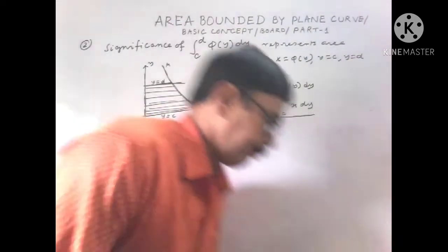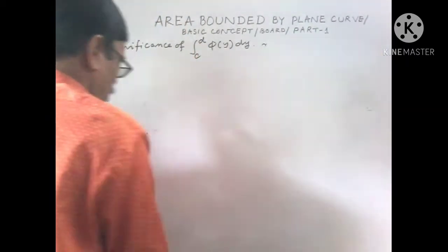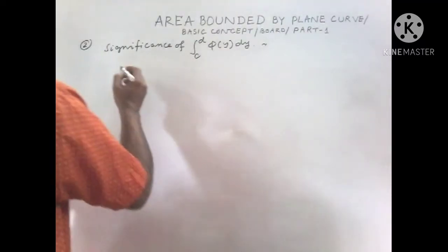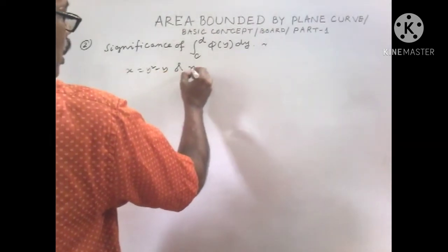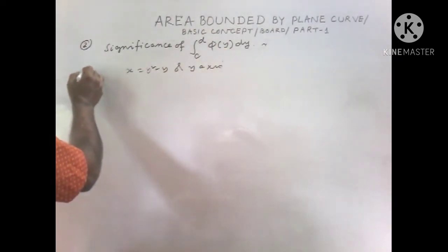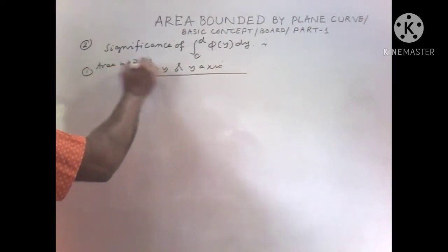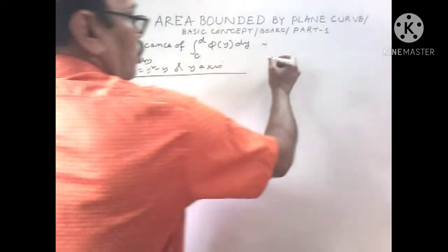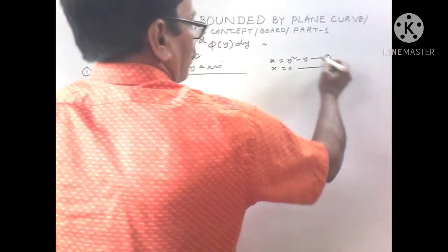Now, application. Find the area bounded by x equals y square minus y and the y-axis. So the curve is x equals y square minus y and the y-axis is x equals 0.